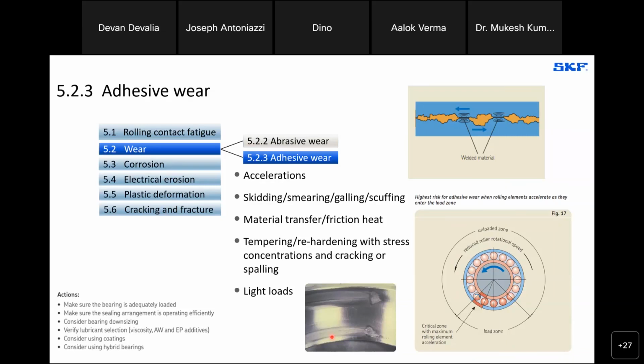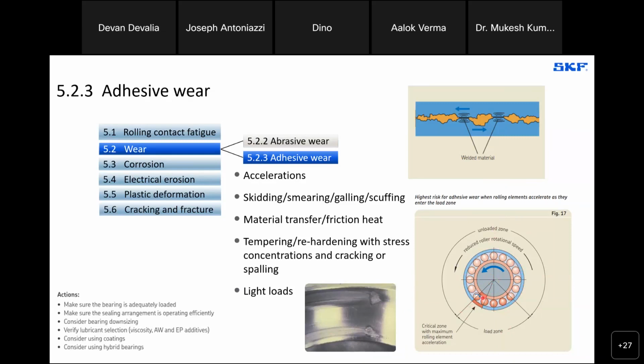I have thrown up this little image here, where, imagine a horizontal shaft loaded down into the ground. At 6 o'clock is the most loaded rolling element, and we have the load coming through the bearing and being distributed roughly 150 degrees around here. This is what we call the load zone. Up here, there'll be a little clearance and no load.